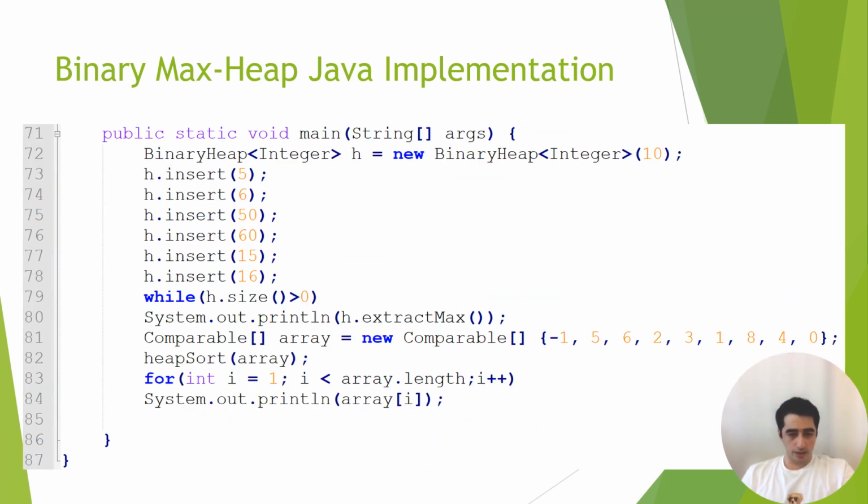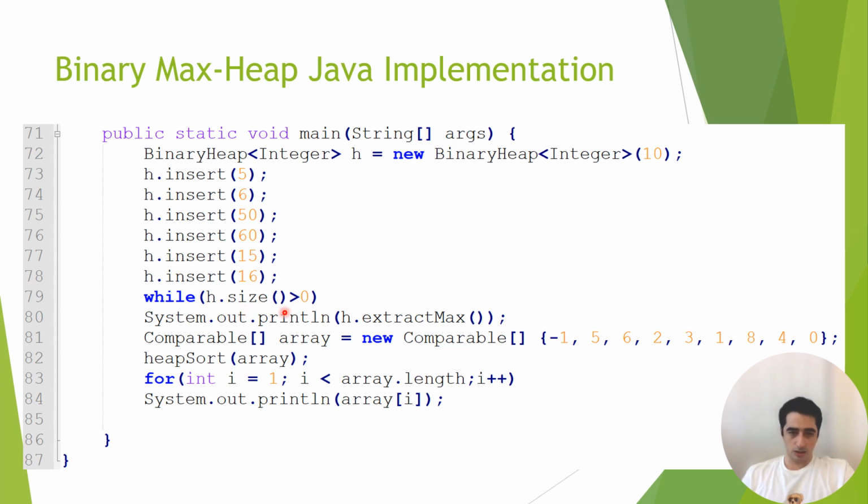Before I show you the details of heap sort, let's do a quick test on the code that we did. Let's have a main method, and in this main method I have created a binary heap with 10 as the capacity of the heap, and then I have inserted these elements into it: 5, 6, 50, 60, 15, and 16. After doing all these insert operations, the heap will have a size equal to 6 because I have inserted 6 elements in it.